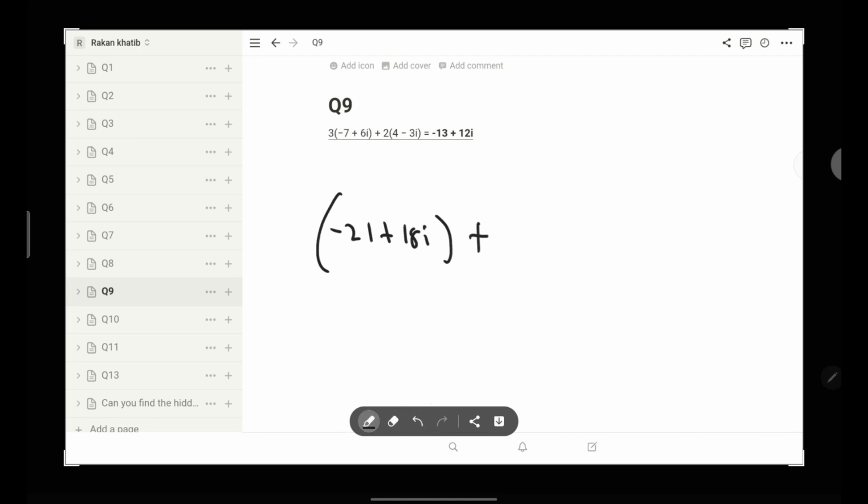So we get 2 times 4, that's 8, and then 2 times negative 3, that's minus 6i, and then negative 21 plus 8, that's negative 13, apologies, plus 18i minus 6i, that's plus 12i. That's it, that's your answer.